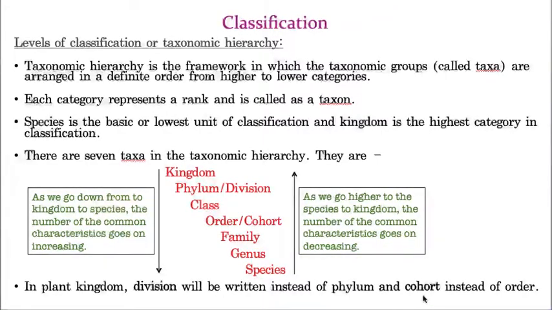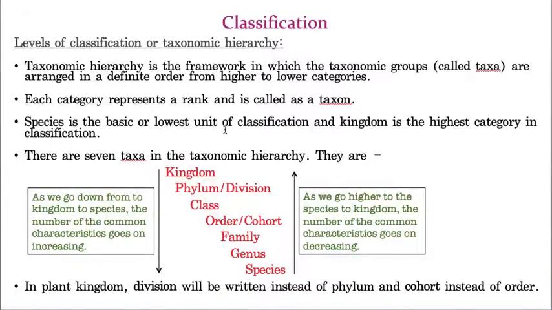Nomenclature means giving a name to the organism. Now we will take the third step, a very, very important step, and to be frank, a lengthy step also, that is classification. Classification includes various levels, and these levels are called the taxonomic hierarchy.